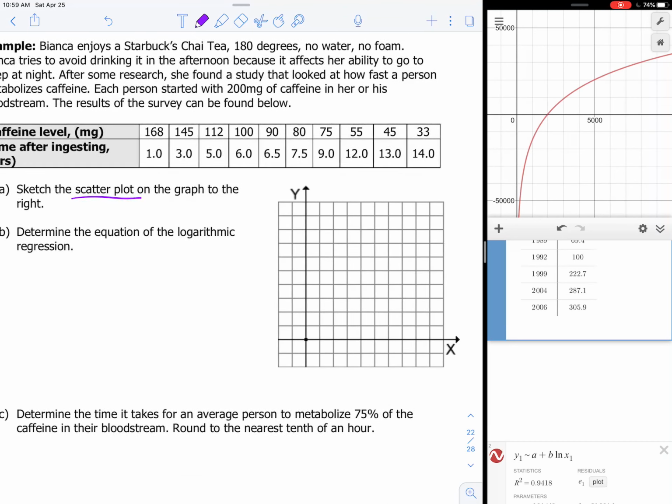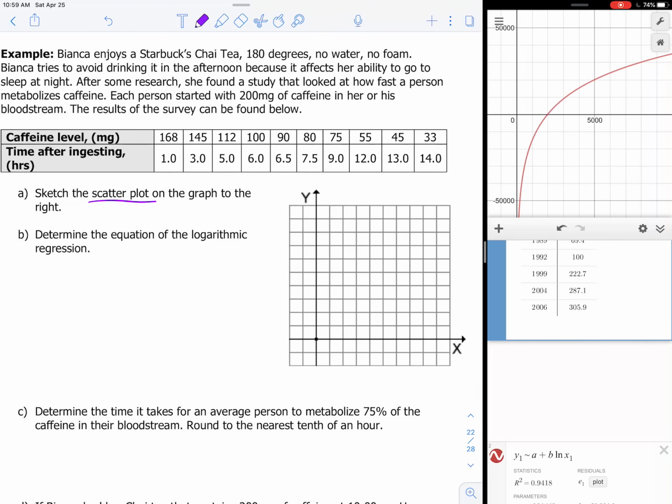But we are going to continue on with all of the other things that are important in a graph, like a title, and labeling our axes, and indicating a scale, and all of that fun stuff. So, first of all, let's figure out what represents our dependent variable and what represents our independent variable. We have time after ingesting and we have caffeine level.